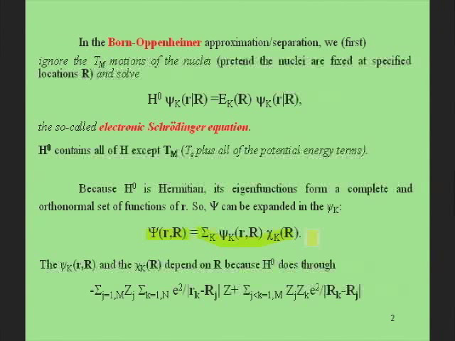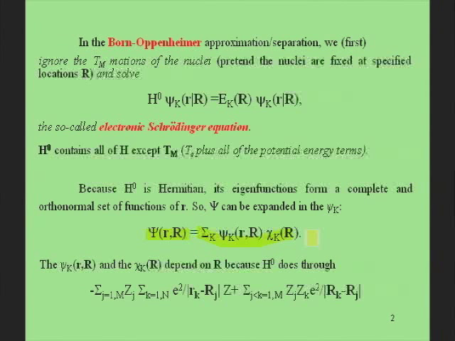Now the way to think of this expansion is the following. Suppose you had a function of x and y, f of x and y. If I have a set of functions of x that are complete and orthonormal, and I call those functions psi k of x, then I can write f of x and y as the summation over k of psi k of x, the complete set of functions of x, times coefficients ck. But those ck's will have to carry the y dependence.